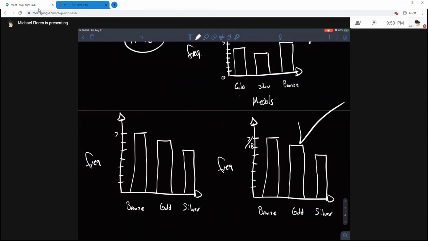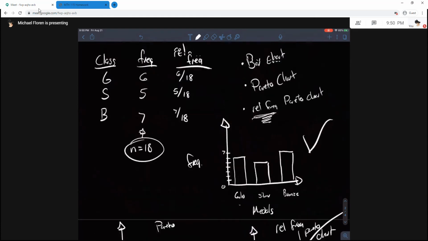So this was a Pareto chart over here. Now, by dividing by 18, I've just made it a relative frequency Pareto chart. Ta-da! Super complicated. I told you, it's pretty ridiculous. But that was it. That's all we got.